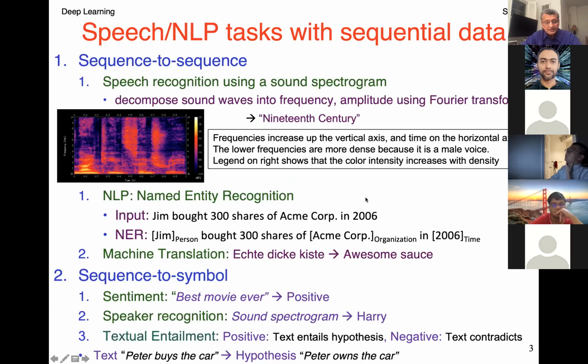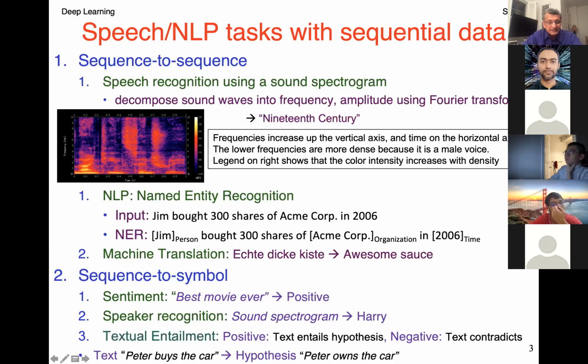Here are more specific examples of sequential data, and these kinds of models are used to process such data. Speech recognition using a sound spectrogram. There is a device called a sound spectrogram. If you speak into it, it produces a spectrogram like this. The x-axis is time and the y-axis is frequency.